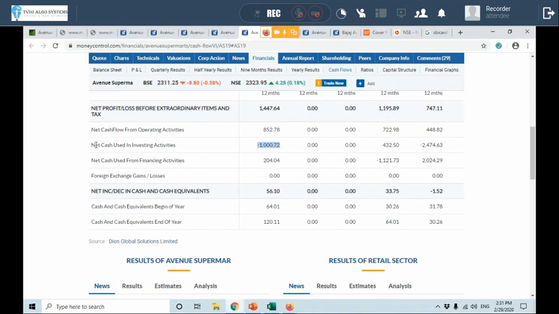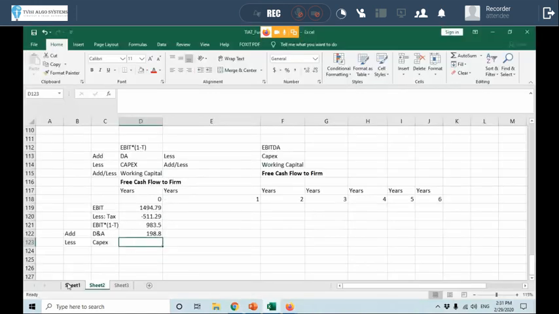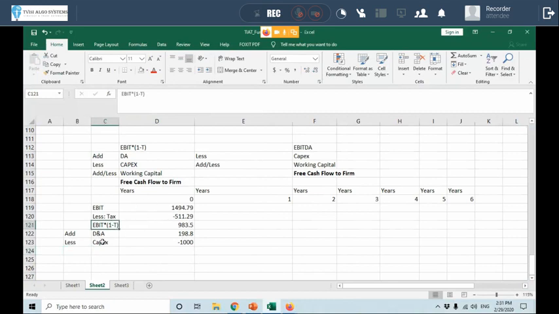Cash from investing activities, capex comes in this. In our first lecture, we saw that. Please revise. Minus 1000. That means this is my capex. The free cash flow is negative for this company. How come? Let's see.